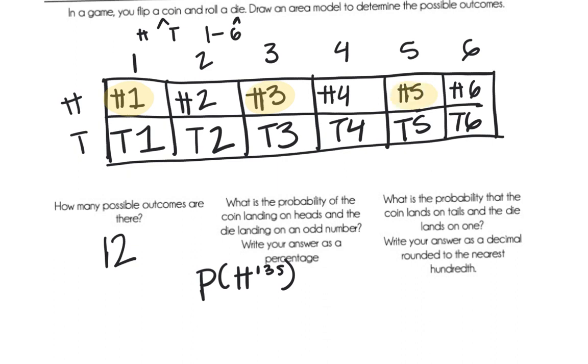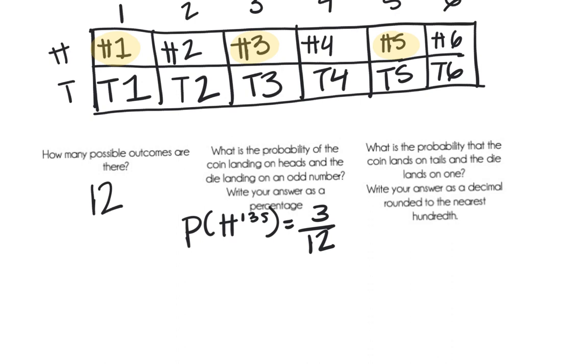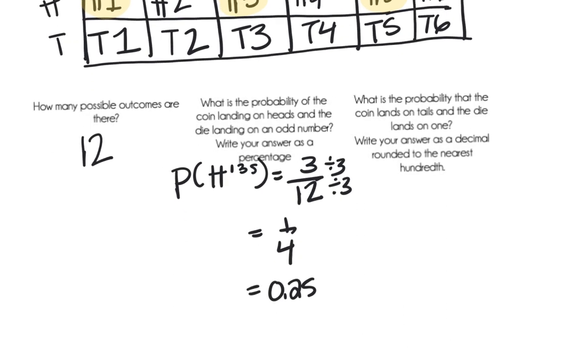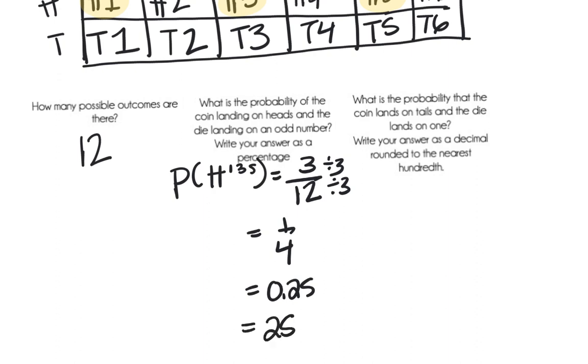Okay, those are 3 options. 3 ways for that to happen out of 12 ways possible, which, if I divide them both by 3, I can reduce that. 1/4, or 0.25, or 25%. So remember that probability can be represented a bunch of different ways.